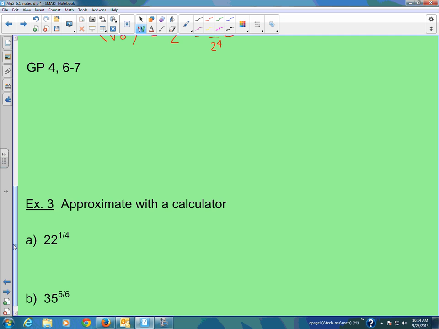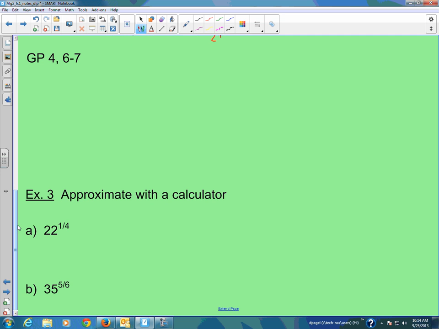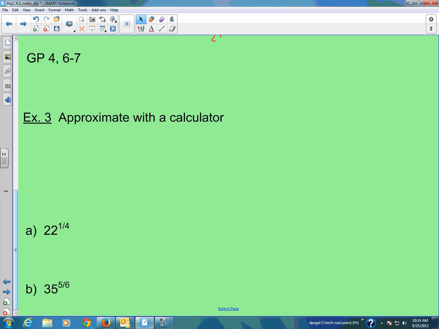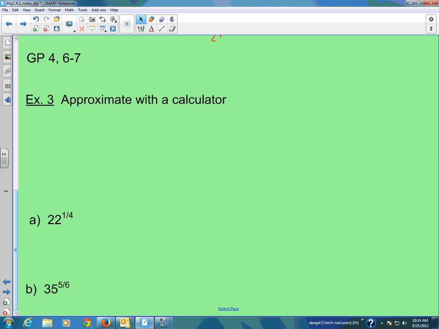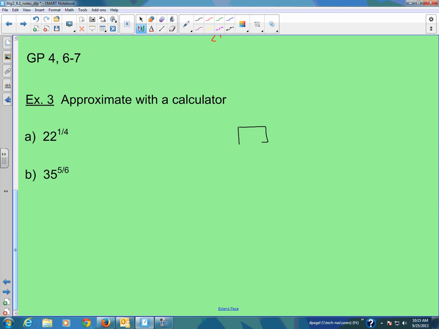All right. What about just doing some approximation work here? Taking some calculator time, just to make sure we understand how our calculator works. 22 to the 1/4 power. Once you know how your calculator functions, another way to raise to a power is this: most calculators, not all of them, have what we call the caret key.